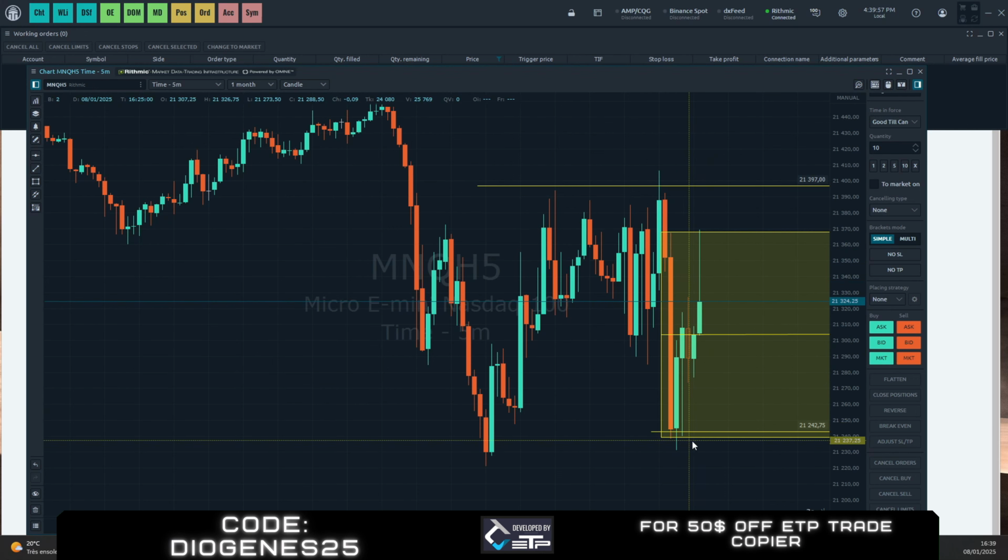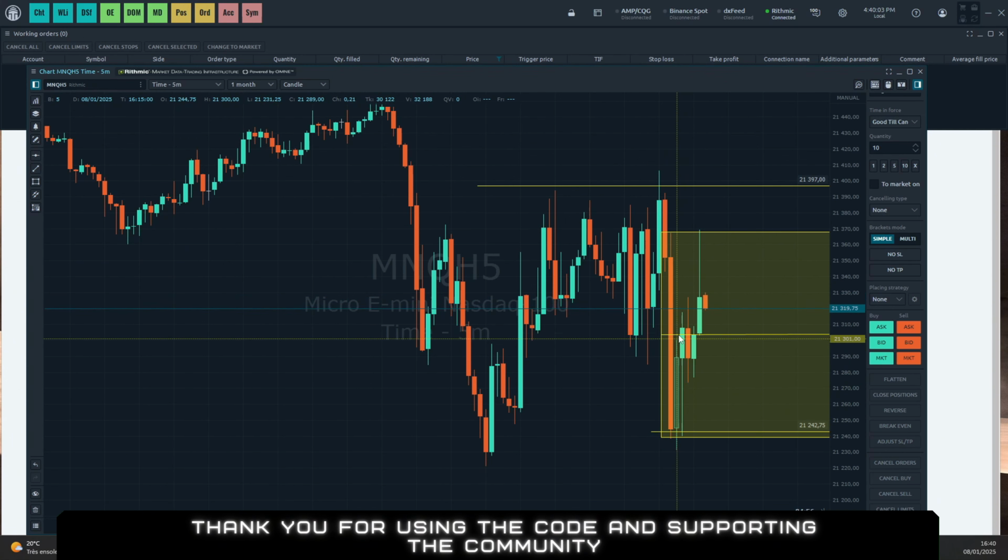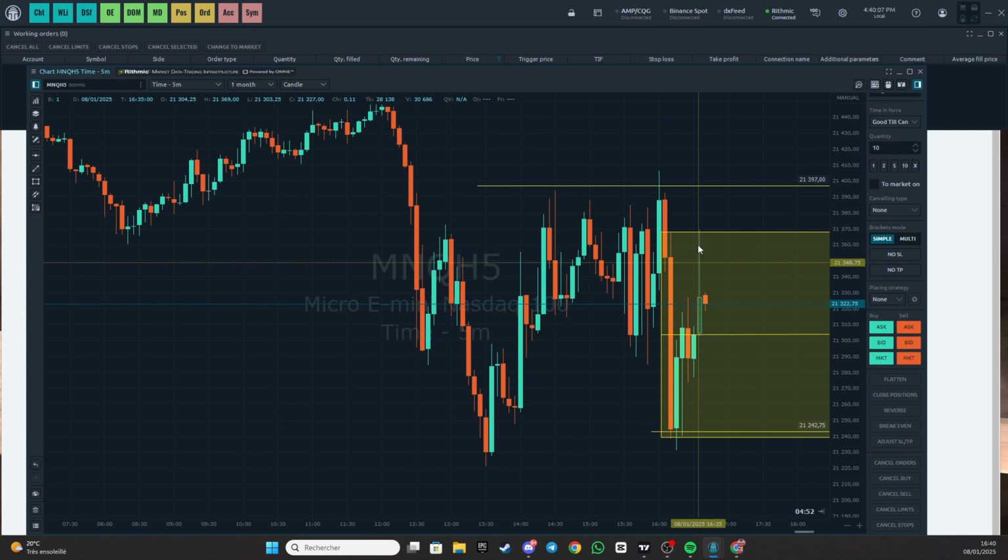We sweep it, close above, and the second candle offers the OTE. So when we close above the first candle, you can buy blindly targeting the high. This is how I scalped my way to get funded.